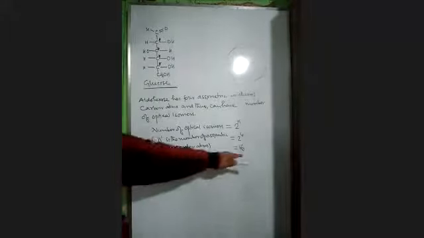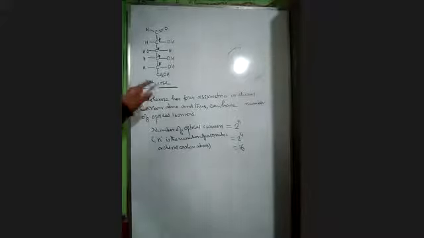So when you have 16 optical isomers, there are actually 8 structures, and with their reflections, 8 into 2 is 16. One of them is glucose, which rotates the light towards the right, and the other will rotate the light towards the left. One will be dextroglucose, the other will be levoglucose. So this structure is the glucose that we are going to discuss now.